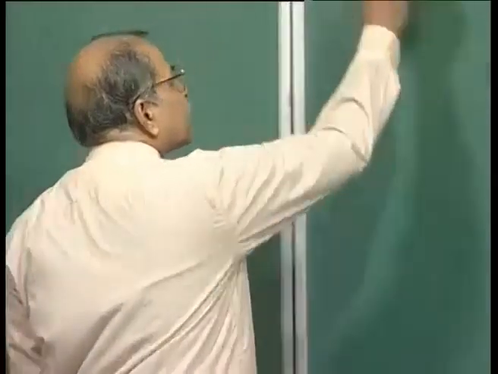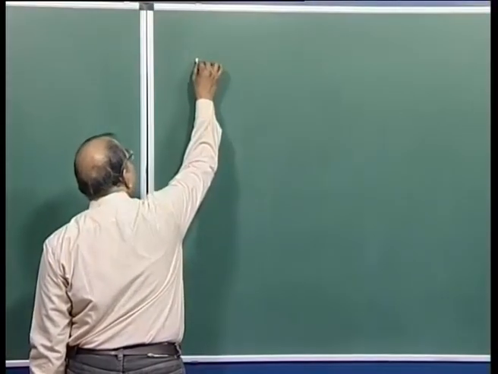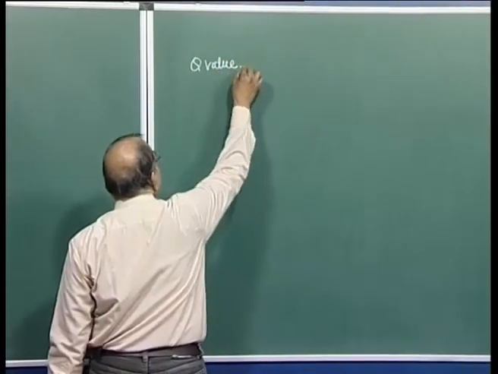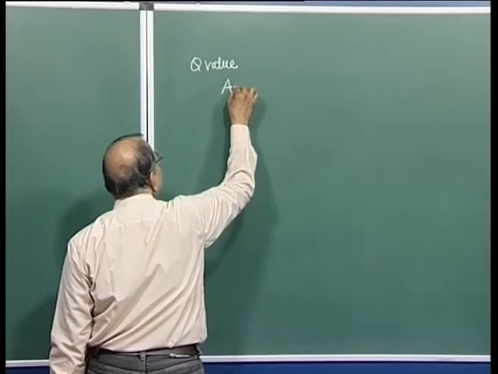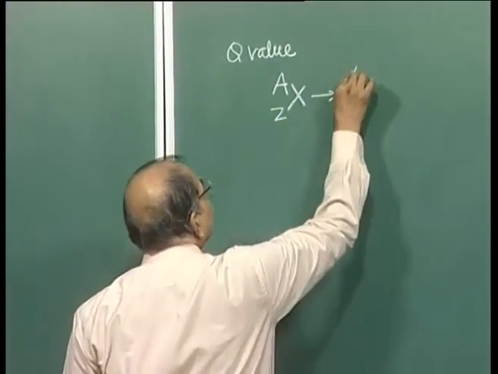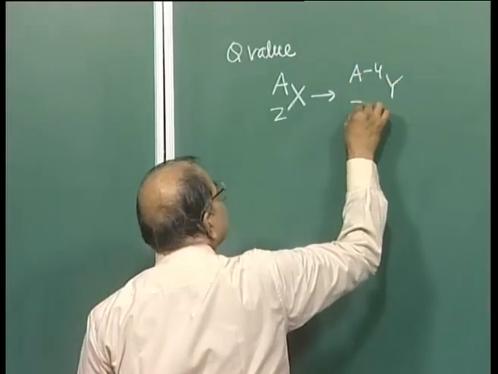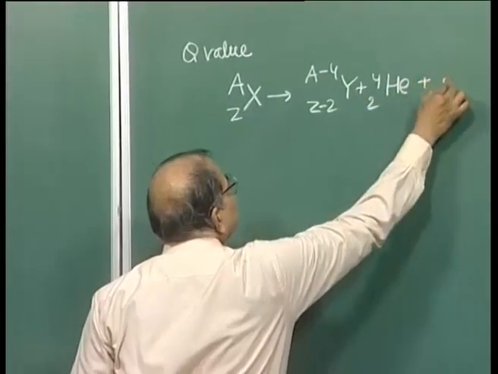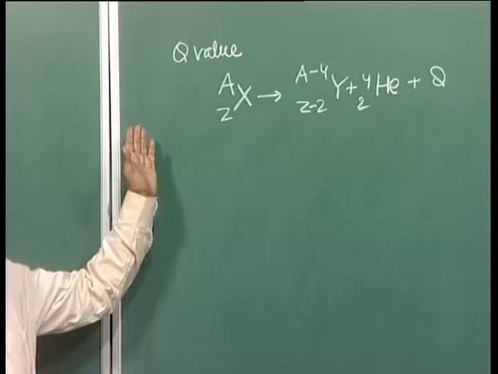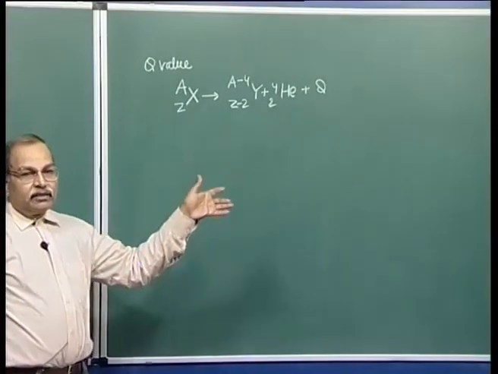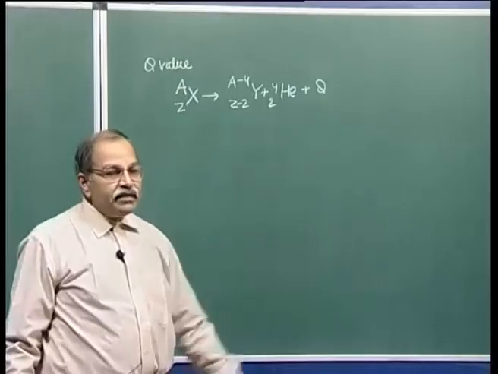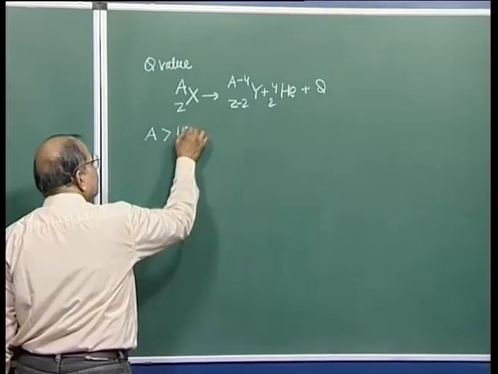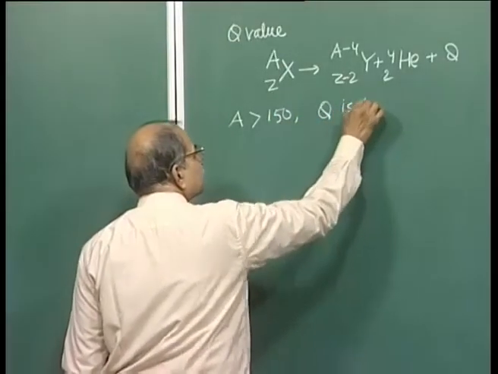One is that if you calculate or measure the Q value of the reaction, some A X Z going to A minus 4 Y Z minus 2 plus 4 He 2 plus energy, using the semi-empirical mass formula or from the known masses of nuclei, you find that for A somewhere around say 150 or so, this Q is positive.